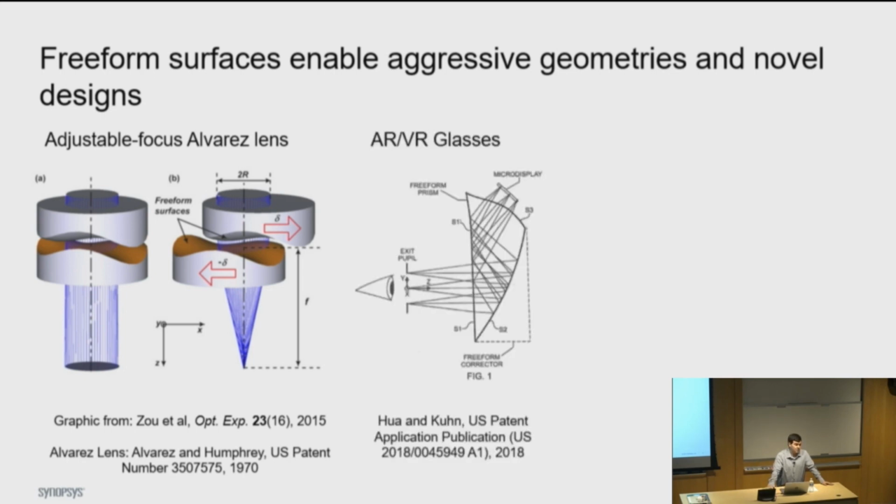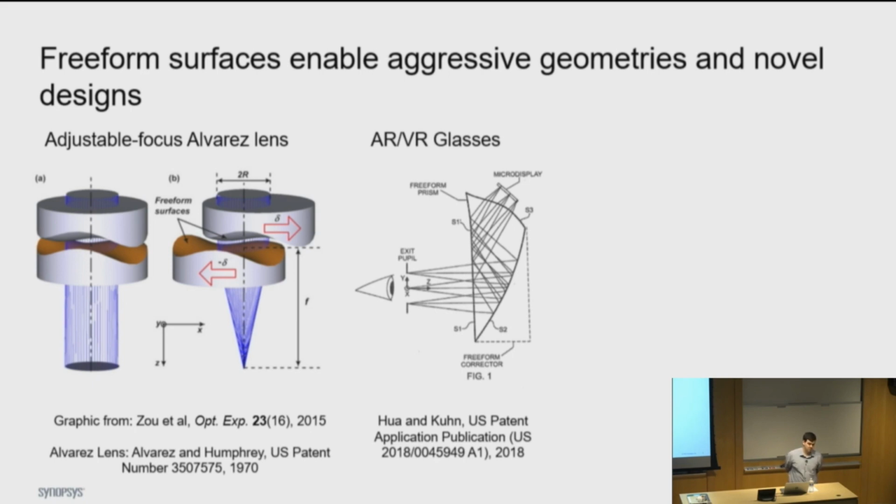The next example of a freeform I've pulled from this patent by Professor Hua's group here at University of Arizona. So the idea of this is that here we're using a freeform prism as a combiner in an AR/VR glasses application. So the idea is that this prism would sit in front of your eye like this, and the purpose is that you can both see through it, and also the prism can put an image of a microdisplay overlaid onto reality.